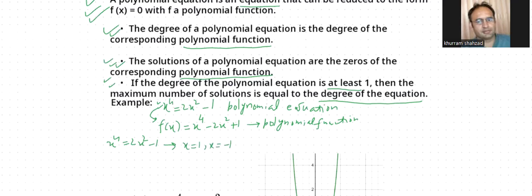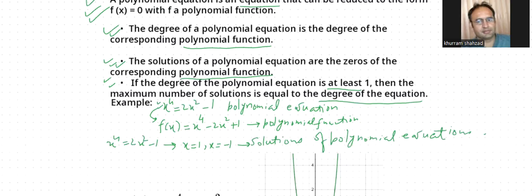These are the solutions of polynomial equations.